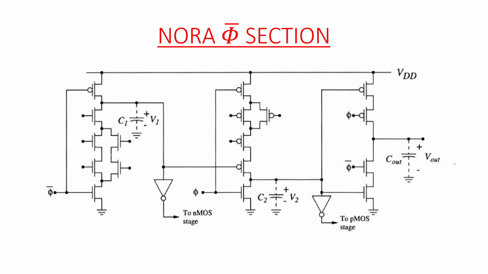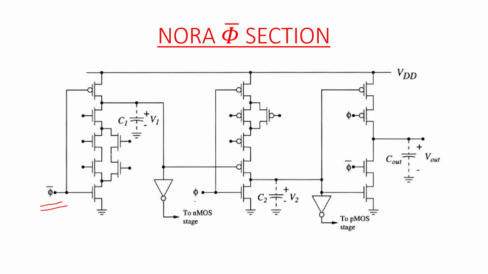Then we have the NORA phi bar section. So in the NORA phi bar section, you can see, compared to the phi section, the clocks are just opposite. So we can see that the only difference is that the clock phases phi and phi bar are reversed throughout the circuit. So in the NORA phi section, this was phi, where here it is replaced by phi bar.